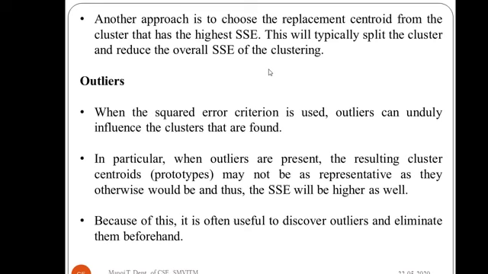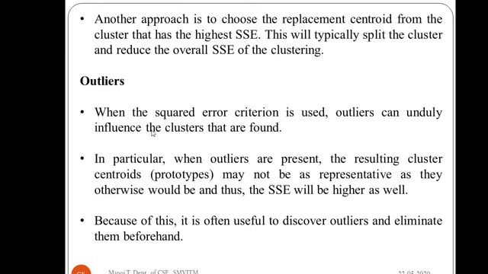Next issue which we want to look into is the outliers. We already know from our previous studies that an outlier means one point is completely outstanding. Suppose we take the income of the people in the country, then the person having the highest income or the lowest income will be the outlier.